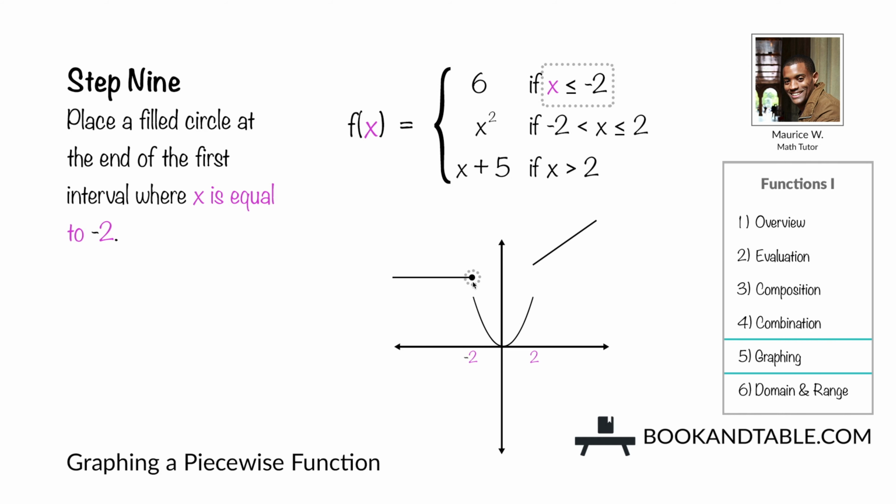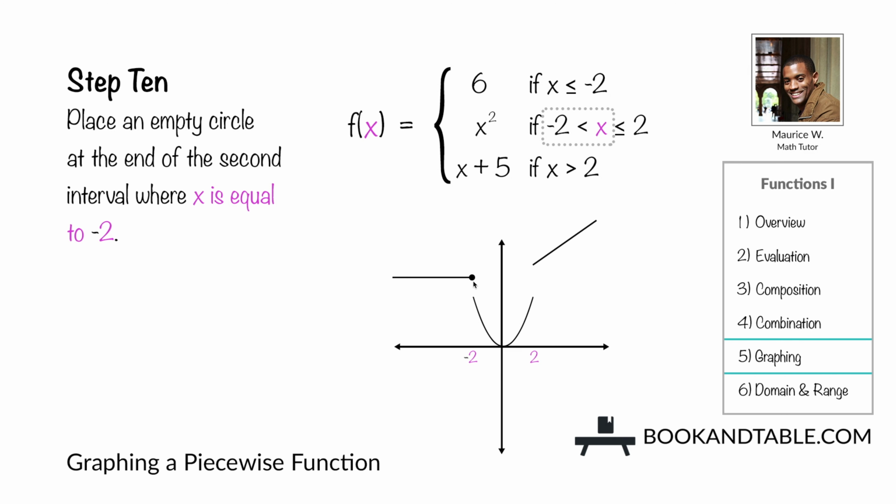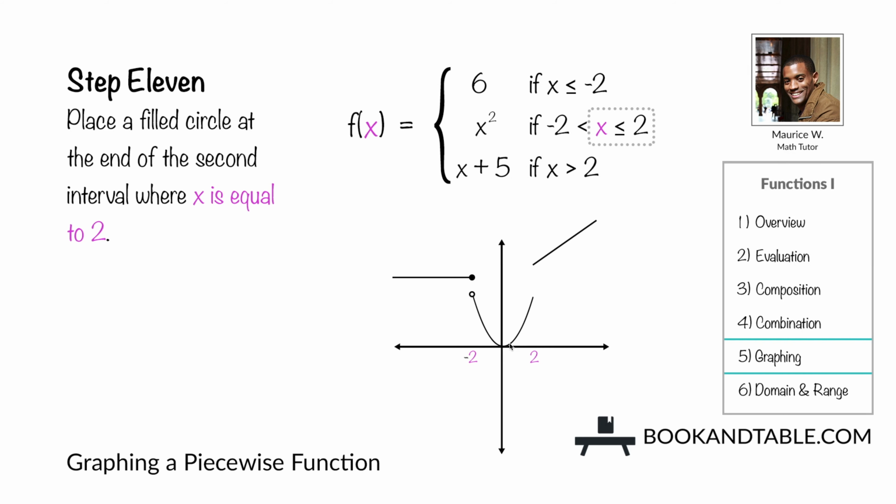So since this one is filled, that means for step 10, we want to place an empty circle at the end of the second interval where x is equal to negative 2. So at negative 2, the function has a value of 6 here, and it does not have a value for the second interval at exactly negative 2, but it does for each point after that. And now at the other end of the second interval, we want to place a filled circle where x is equal to positive 2.